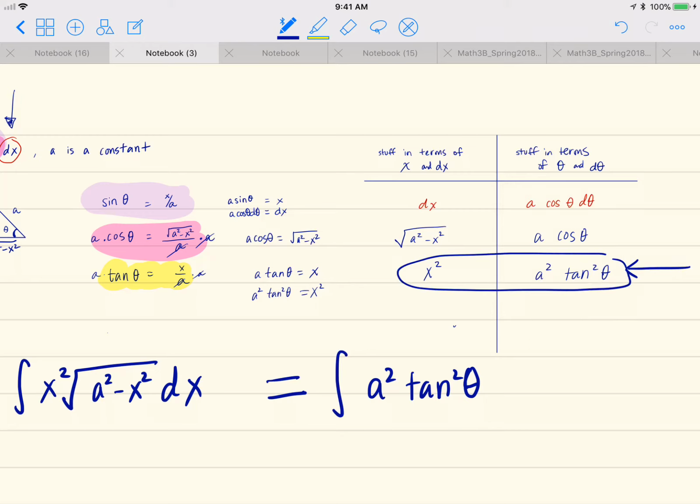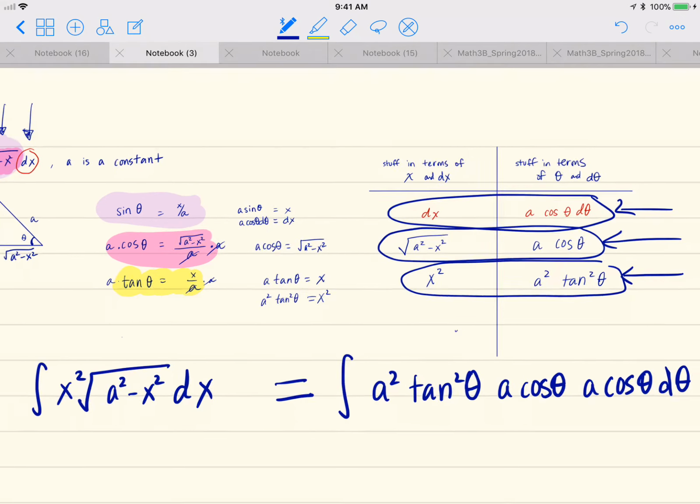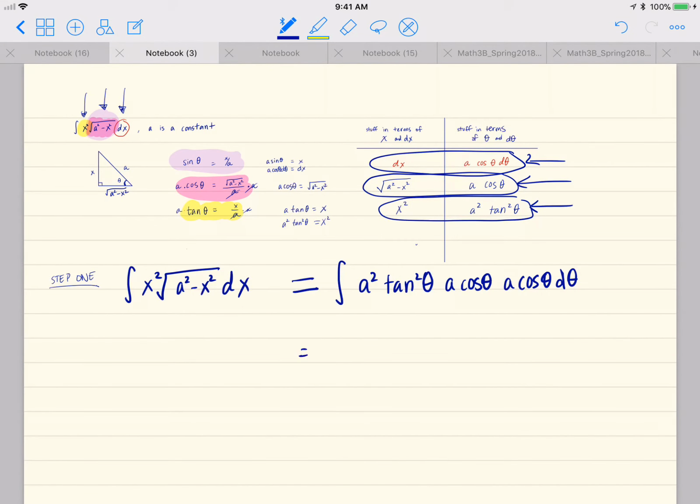And now let me replace this square root of a squared minus x squared with a cosine theta. And then my dx is a cosine theta d theta. And so, of course, I can combine some of these terms, and I'll get a to the fourth power, and then tangent squared theta, cosine squared theta, d theta.